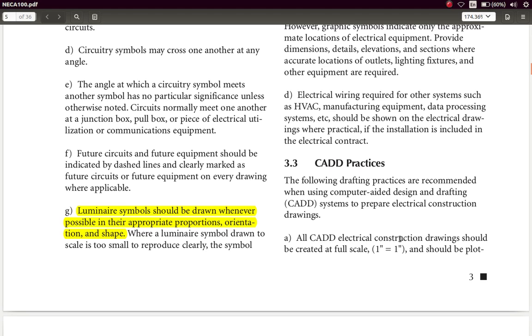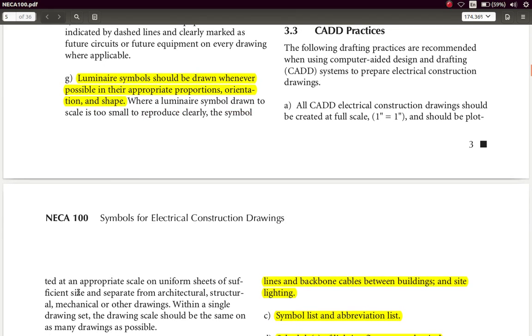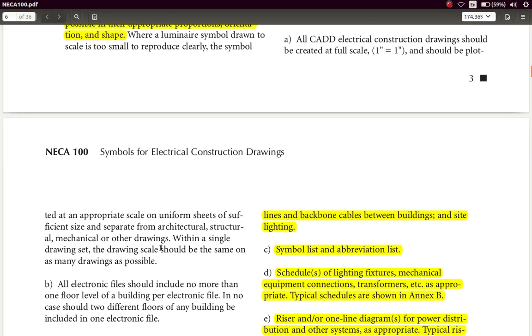All CADD electrical construction drawings should be created at full scale 1:1. That means 1:1 compared with the building drawings, and should be plotted at an appropriate scale on uniform sheets of sufficient size and separate from architectural, structural, mechanical, and other drawings.